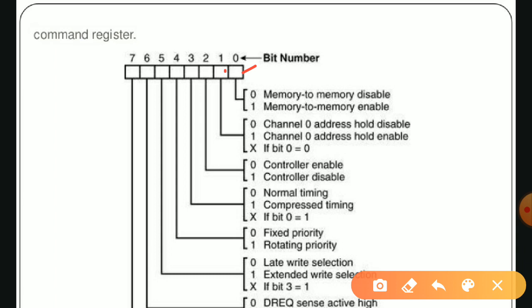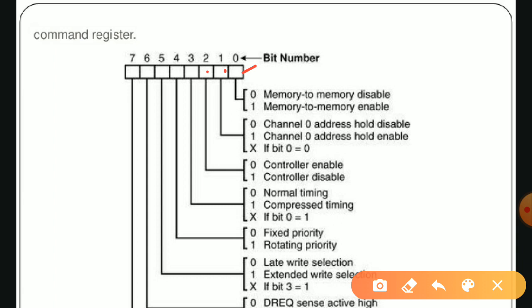Channel 0 address hold disable, channel 0 address hold enable. As I already said, in a memory to memory transfer, channel 0 holds the source address and channel 1 holds the destination address. And bit 2 indicates controller enable or controller disable.